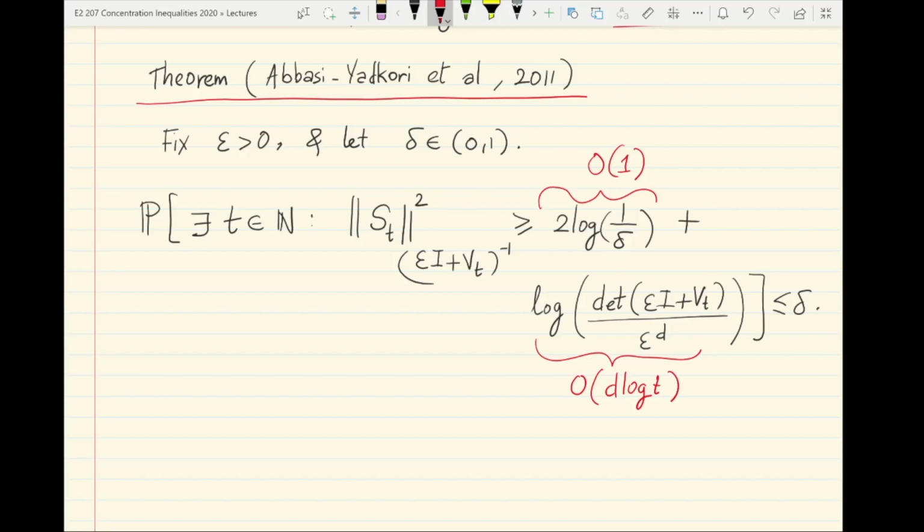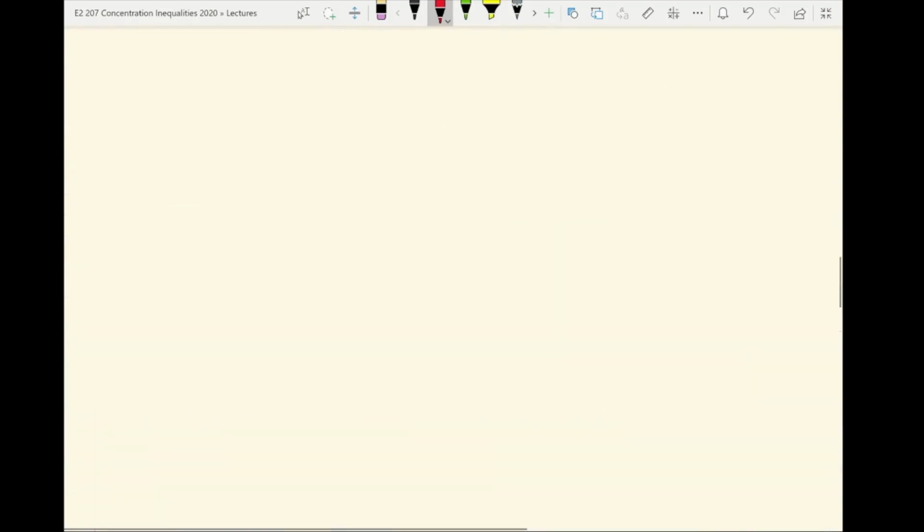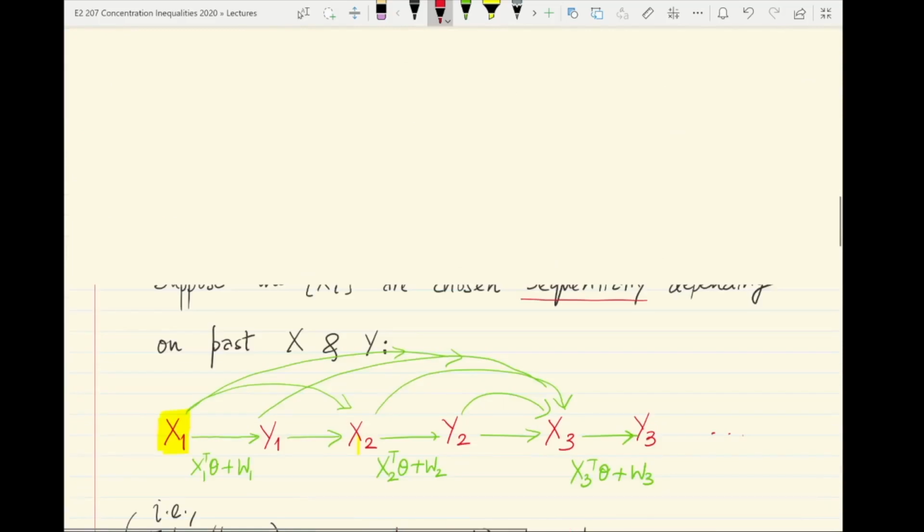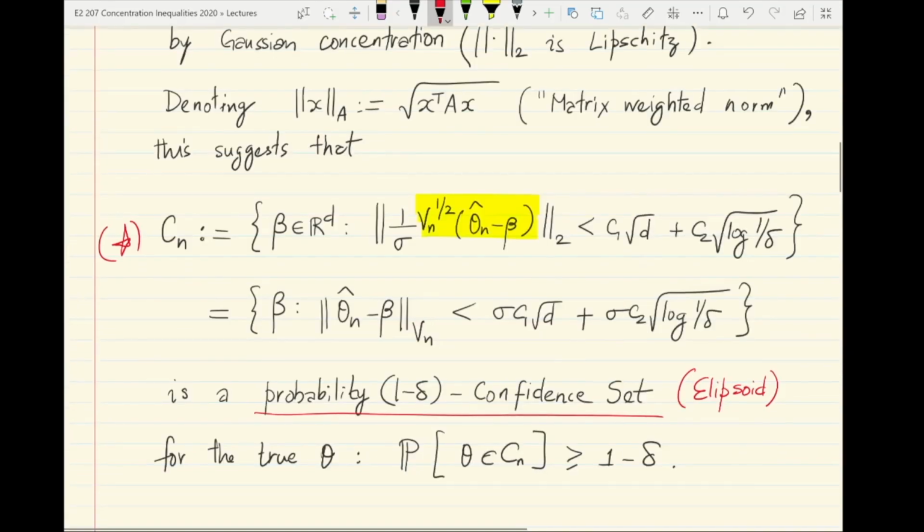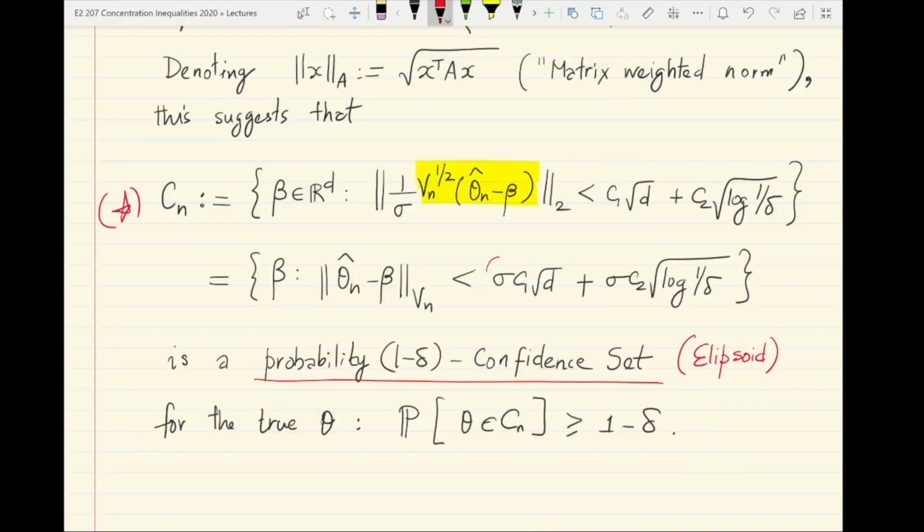This is not too far from the kind of threshold self normalized level in the fixed design case, where you again had an order square root d term. Note that here the norm is not being squared, so you should imagine each of these terms being squared to make a fair comparison.